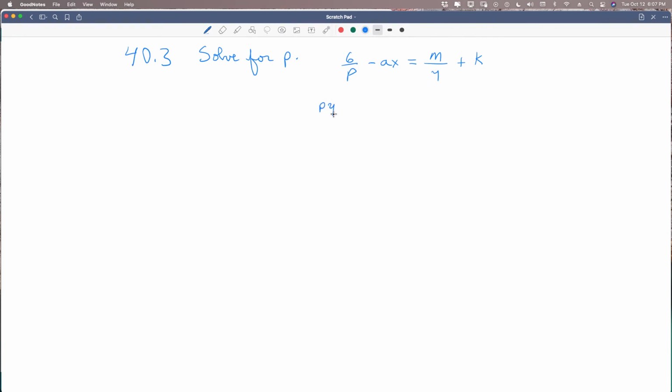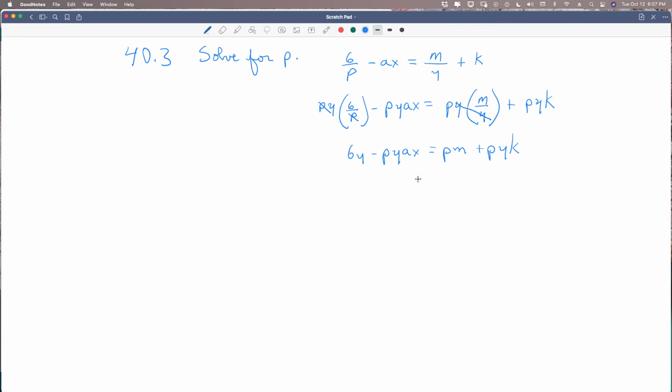So py times 6 over p minus pyax equals py times m over y plus pyk. All right, the p's cancel, which leaves us 6y minus pyax equals, the y's cancel, so we have pm plus pyk.